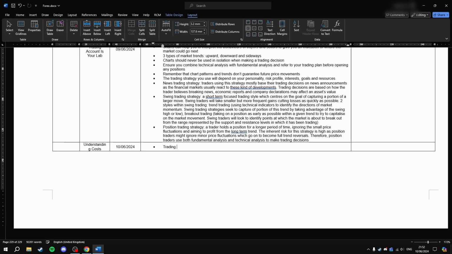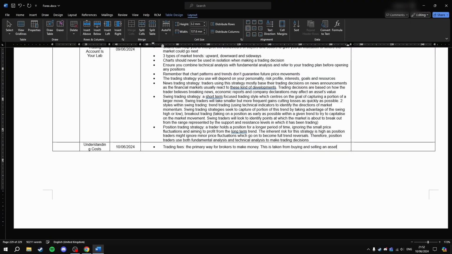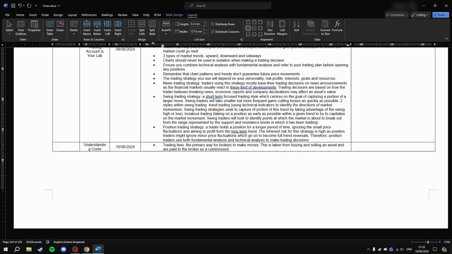So, the primary way for brokers to make money, this is taken from buying and selling an asset and is paid to the broker as a commission for helping to facilitate the trade through its trading platform.